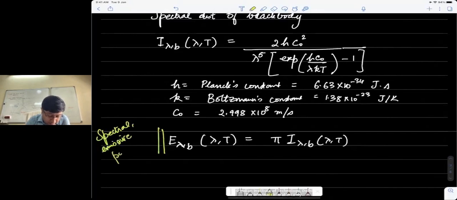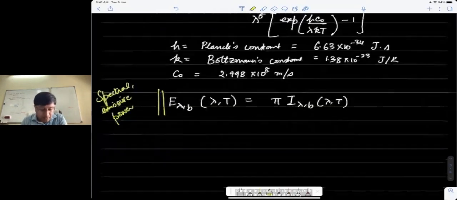I'm dropping the word hemispherical because it's understood that it's direction independent. That is the reason we get a pi on the right hand side. So the spectral emissive power for a black body is E lambda B, which is pi times I lambda B.